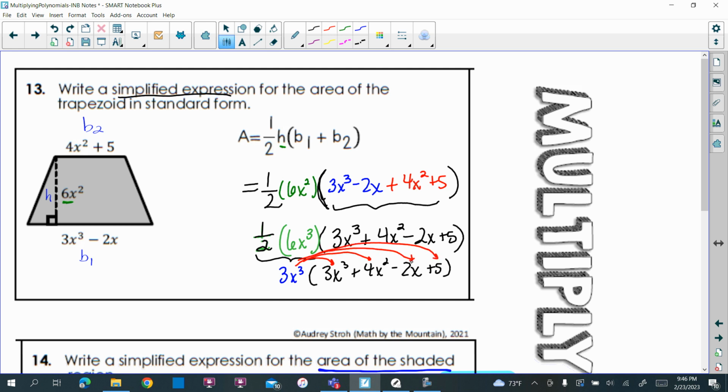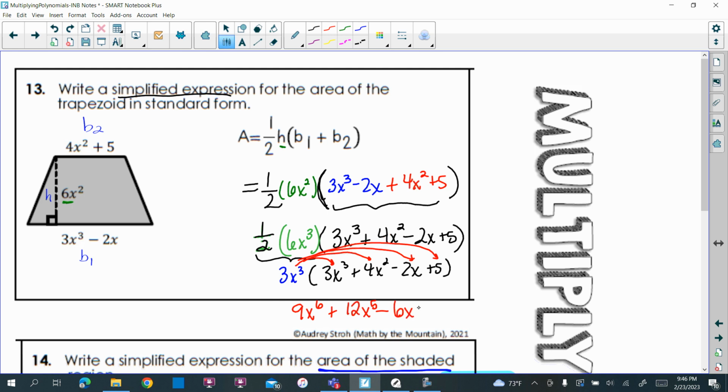Okay, so we got a polynomial here. So when we simplify this, and I'm going to probably write it right underneath because it looks like I'm running out of room. 3x cubed, 3 times 3 is 9, and then my x cubed times x cubed, just add those together. So that becomes 9x to the 6th power, and plus 3 times 4 is 12. This would be x to the 5th power, minus 3 times that 2 is 6.